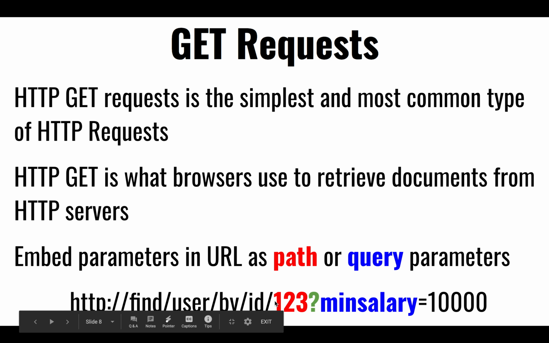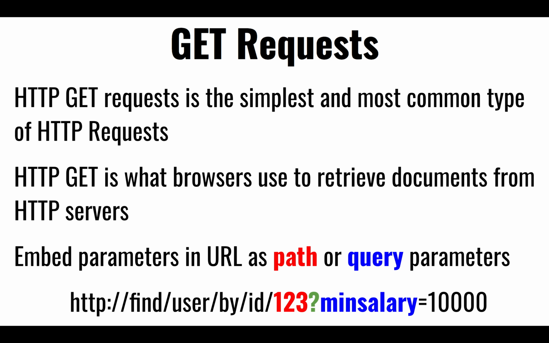The default thinking of a path is that it maps to some physical file on some physical hard drive. But we have since understood that the path can be much more than that. It could be some virtual path, perhaps mapped to some logical location or some logical state of your application.